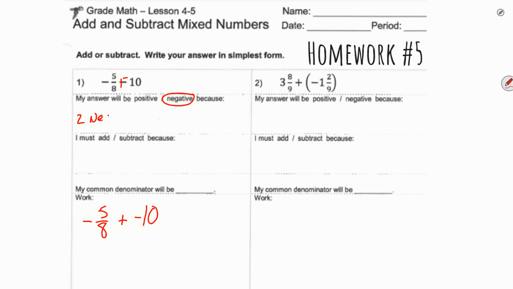Two negatives, decreasing twice. Do I must add or subtract? Well, we follow our rules, same signs, add and keep. That means because we have same signs.